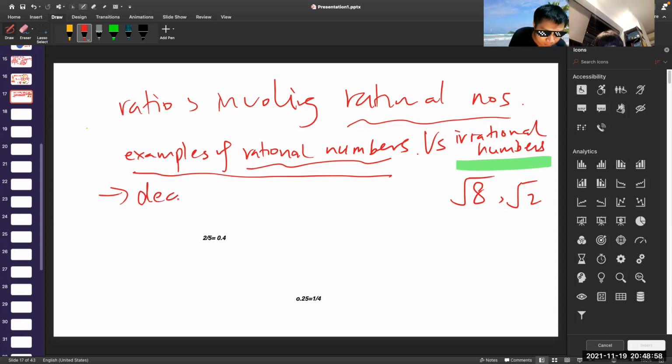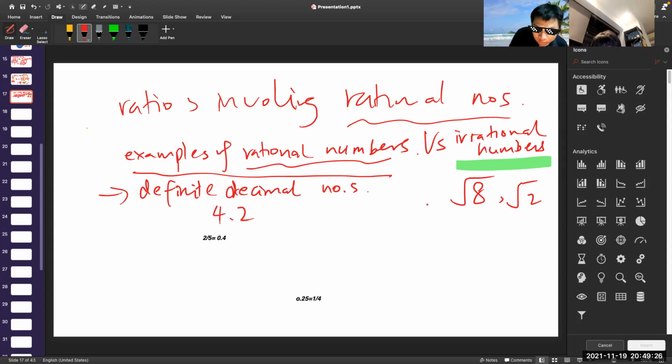So decimal number. Okay, let me add an extra word to this. It should be definite. You know what's the meaning of definite? What's the meaning of definite decimal number? Definite means it will stop, like 4.2.